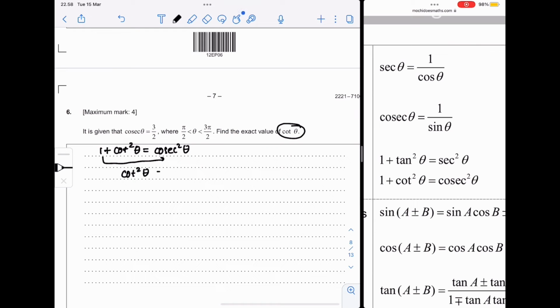Cotan square theta equals cosec square theta minus 1. And you need to move the square. It becomes the root. Here's the problem. Every time you do the rooting stuff, you need to add plus or minus.